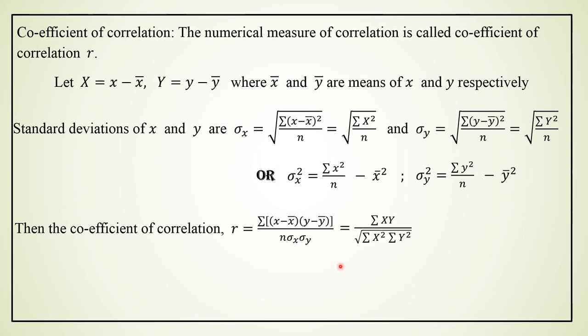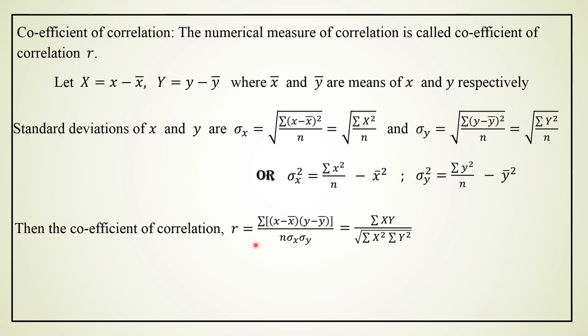The coefficient of correlation can also be rewritten as, since I have chosen x minus x bar as capital X and y minus y bar as capital Y, I can rewrite this equation as summation of XY divided by square root of summation of X square into summation of Y square.